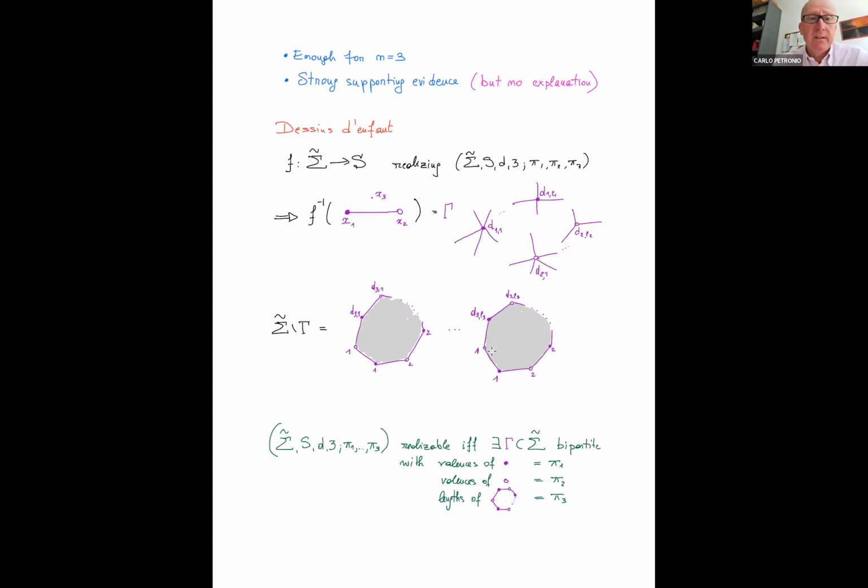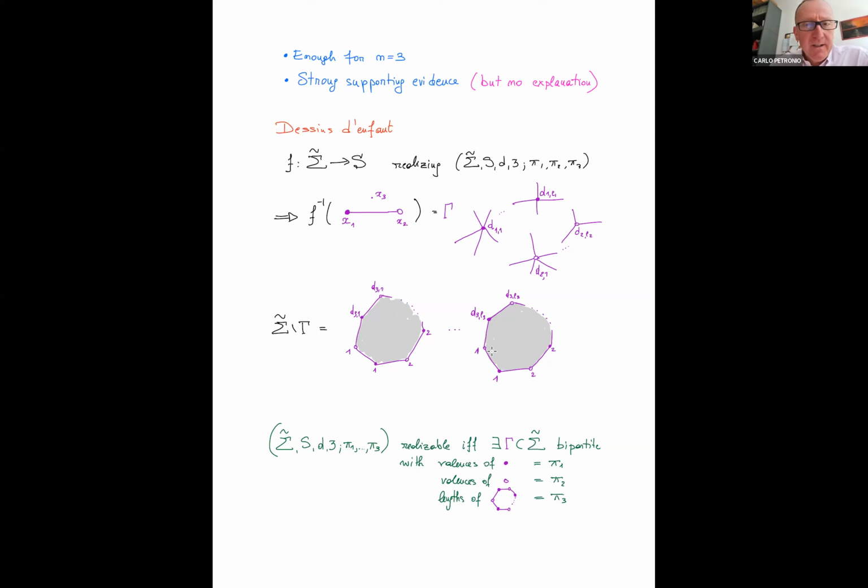We have strong supporting evidence for that, but at least not to my knowledge, there is no real explanation for that. And actually, a result of Edmonds-Kulkarni-Stong implies that if you know the conjecture is true for 3 branching points, then you have it for any number of branching points.